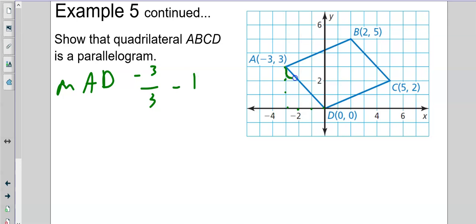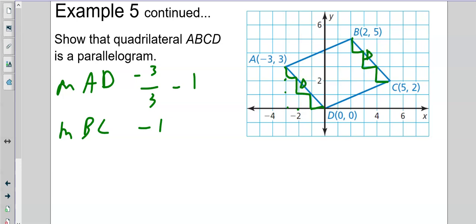In other words, down 1, right 1, down 1, right 1, and so forth. Well, if I go over to the opposite side, BC, I can go down 1, right 1, down 1, right 1, down 1, right 1. This also has a slope of negative 1. So I know that these two are parallel.